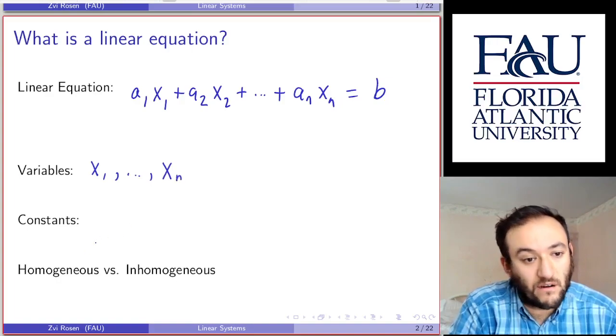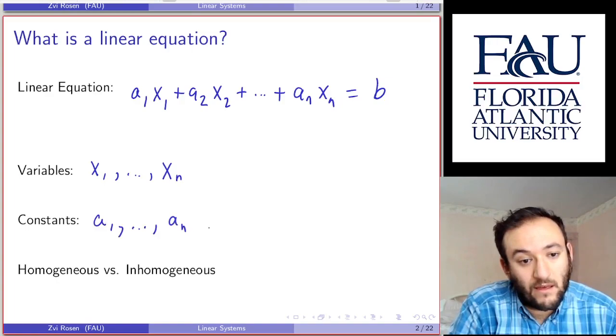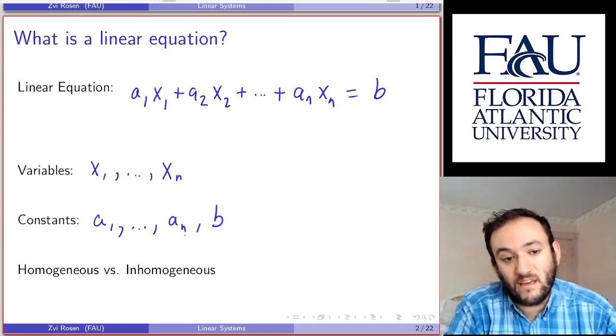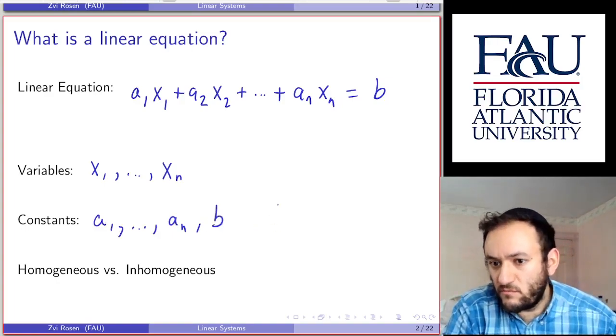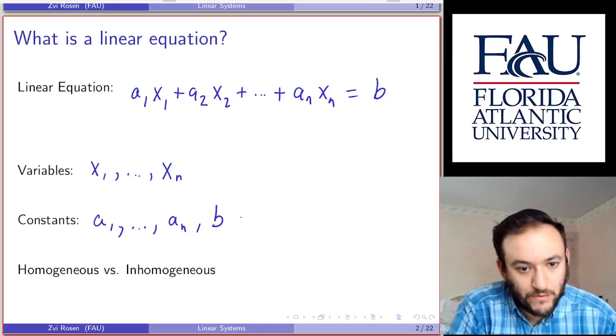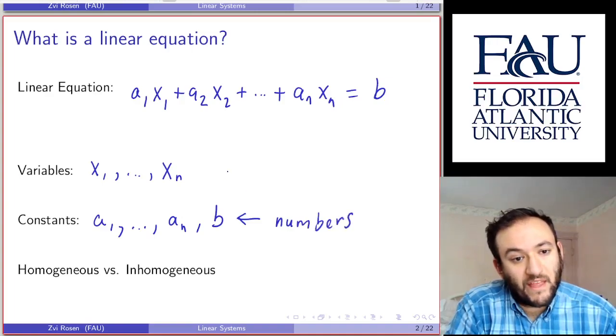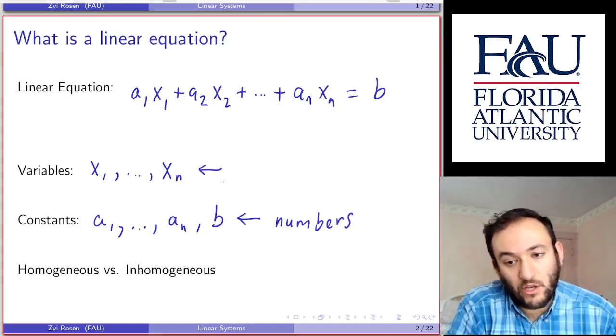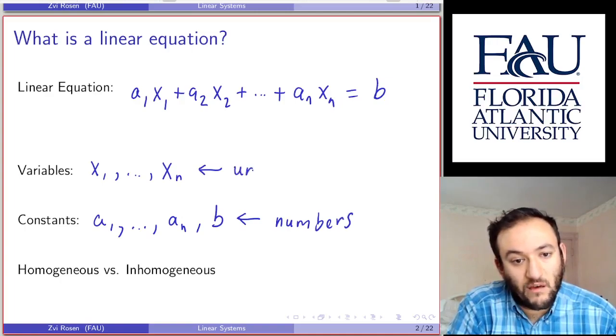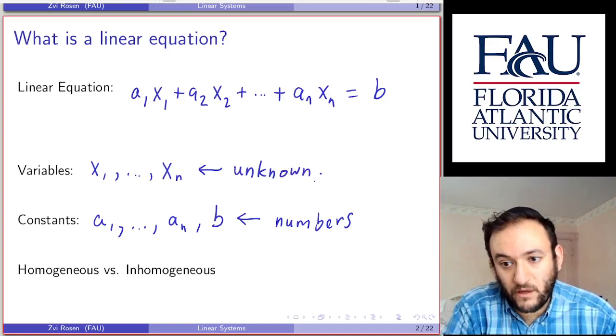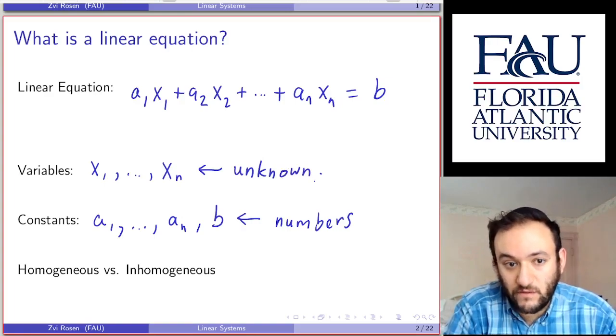The constants are a1 through an and b. We can think about these as just any real numbers that we want to use. So these are numbers, and these variables are the unknowns. We're going to imagine that they could occupy any value. Okay? They're not fixed in this problem.